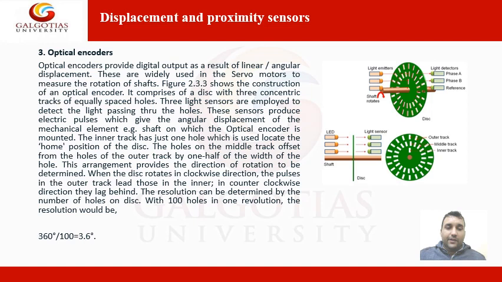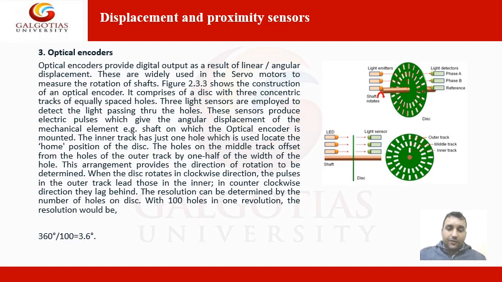These sensors produce an electric pulse which gives the angular displacement of a mechanical element, that is the shaft on which the optical encoder is mounted. The inner track has just one hole which is used to locate the home position of the disc. The hole on the middle track is offset from the holes of the outer track by half of the width of the hole. This arrangement allows the direction of rotation to be determined.